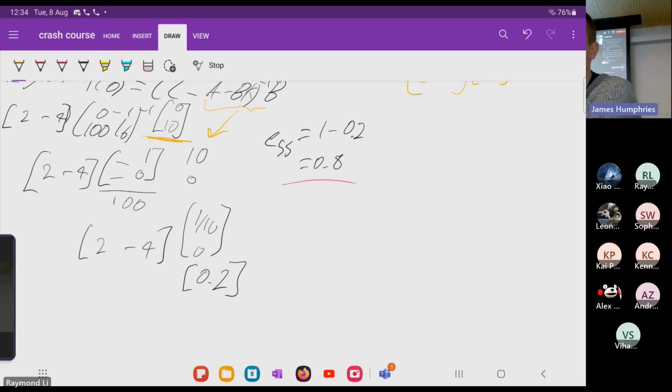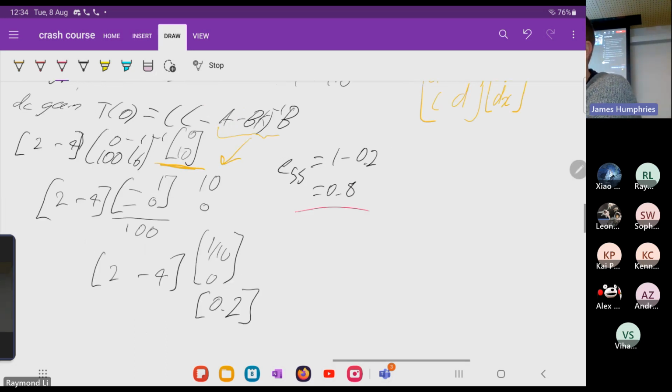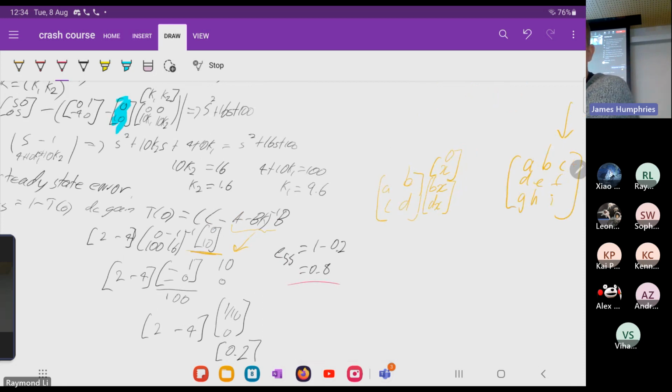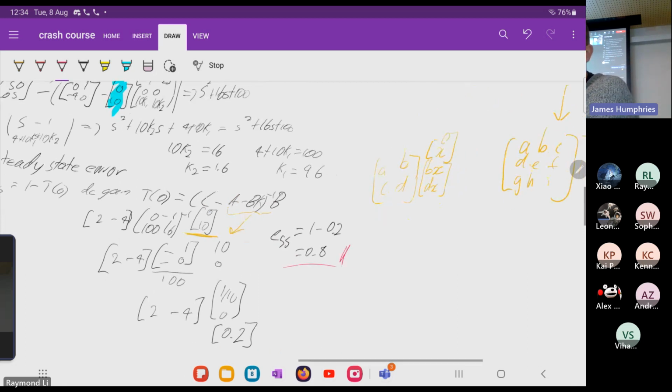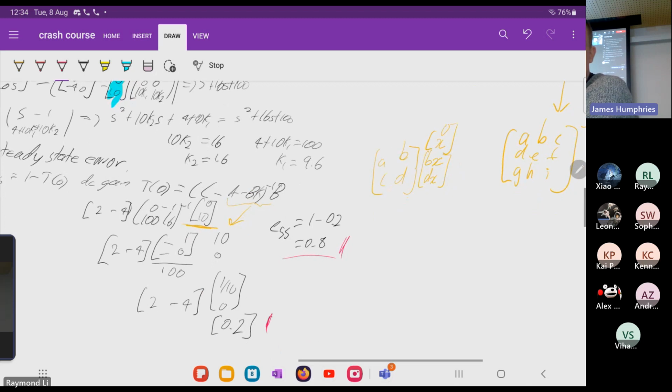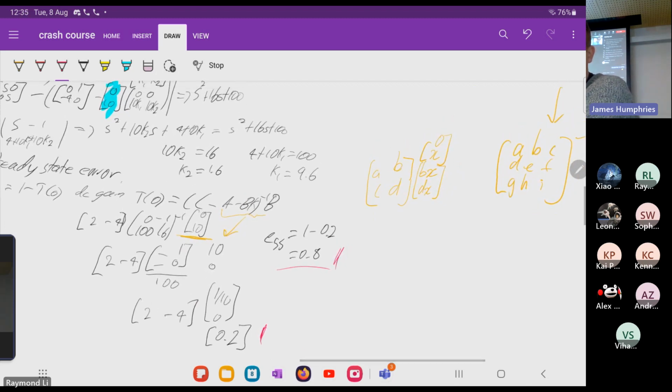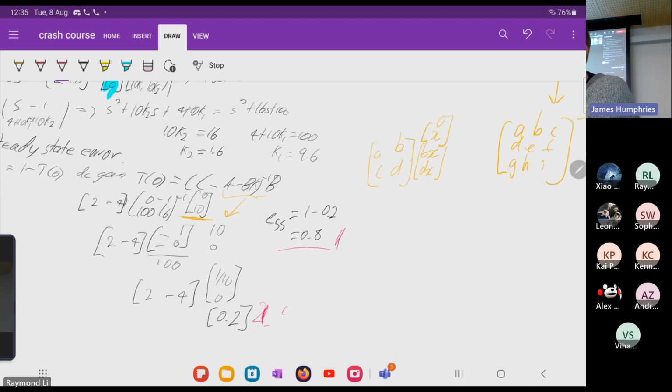In terms of what Arash is expecting for a question like this, this would be a mark, this would be a mark. He's got about 2.5 marks for all of this working. So it's not really specific, it's just the working needed to get to the final answer, rather than jumping straight to saying the answer is 0.2. You'd be like, where did that come from?